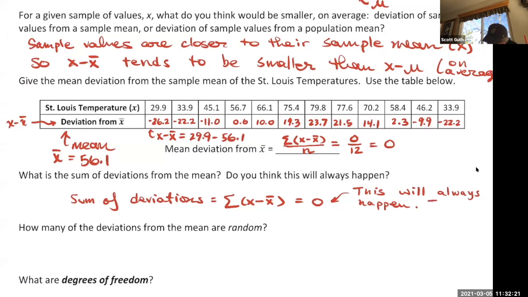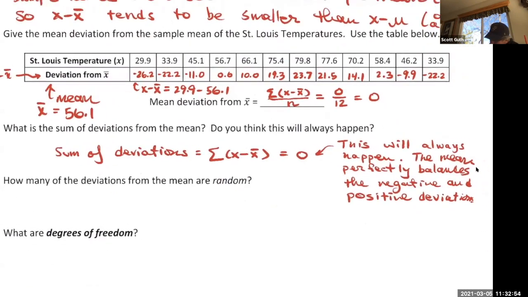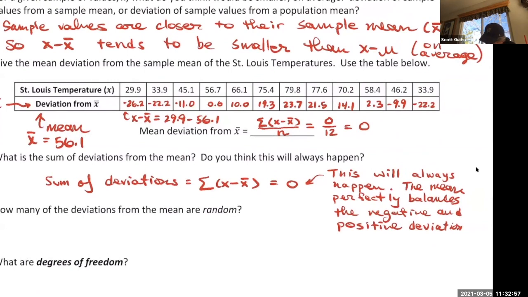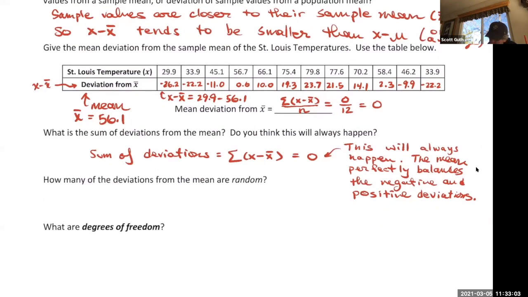So I'll say the mean perfectly balances the negative and positive deviations, the below average and the above average deviation. So yeah. Deviations always add up to 0.